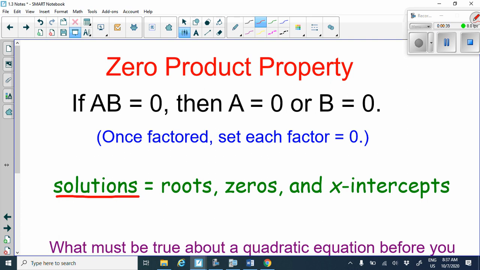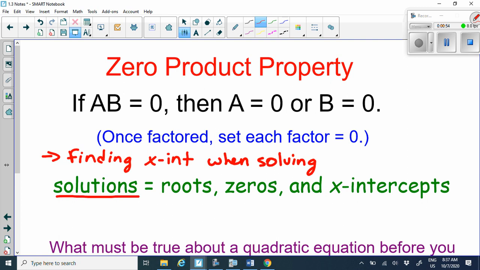The reason being is that you are basically finding the x-intercepts when you're solving for quadratic equations, okay? So that's why we can also call them x-intercepts.